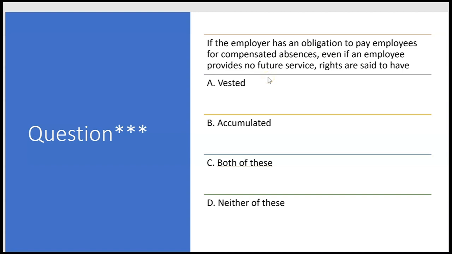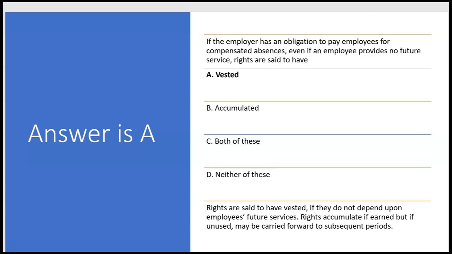If the employee is fired or quits tomorrow, but the employer still has an obligation to pay, does that refer to vesting or accumulated rights or both? That means vested, right? Rights are said to have vested if they do not depend upon employees' future services. On the other hand, rights accumulate if earned, but if unused, may be carried forward to subsequent periods.